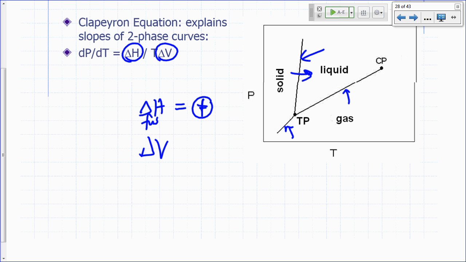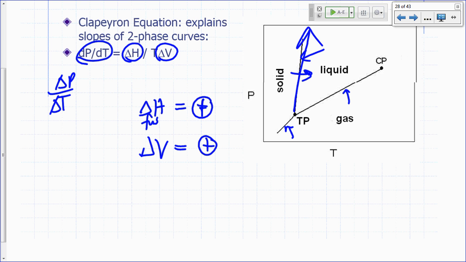Generally, when a solid melts, what happens to the volume? Does it expand or contract? When a solid melts, it expands. So delta V is positive. So dP/dT, that's basically delta P over delta T, that's the slope, is a positive number for this freezing line, okay? So that's why it's leaning that way.